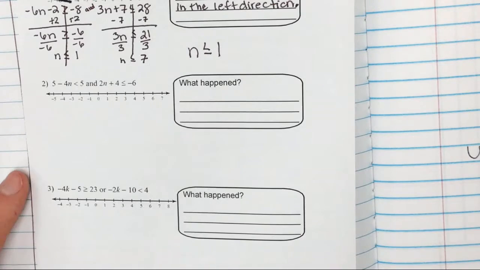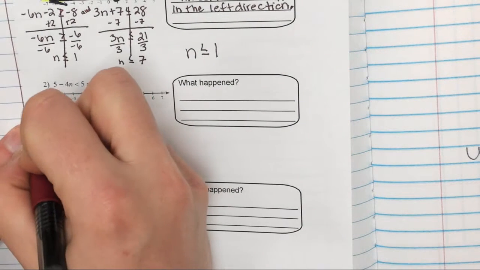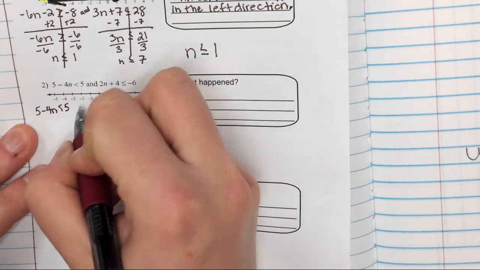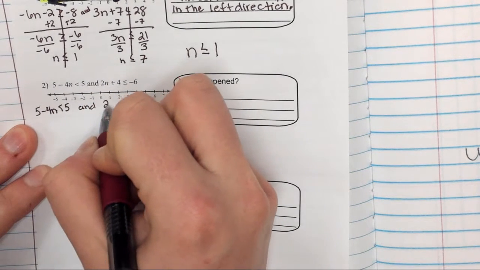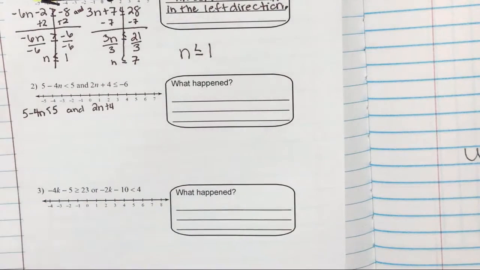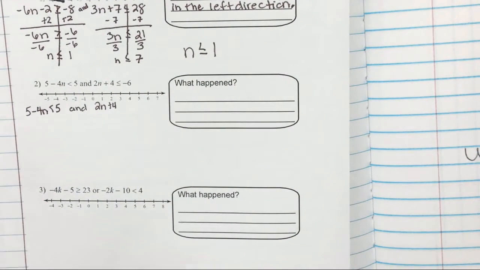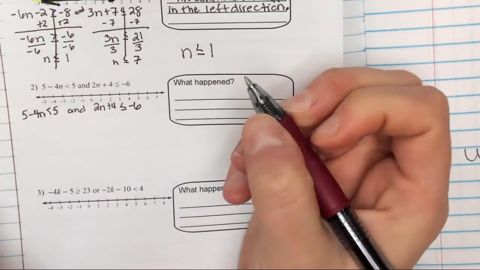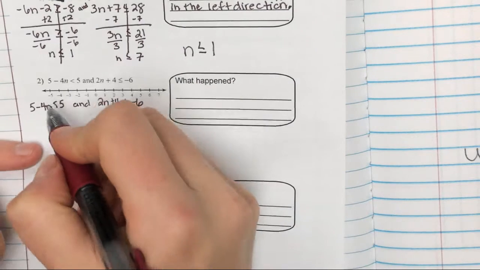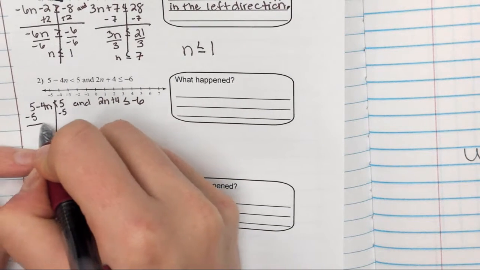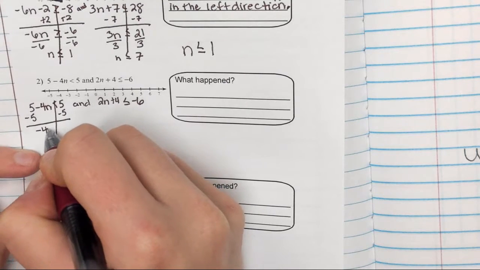All right, let's look at this second example. I have 5 minus 4n is less than 5, and 2n plus 4 is less than or equal to negative 6. I'm going to solve each one separately. On this side, I'm going to subtract 5 from both sides, and I'm left with negative 4n is less than 0.